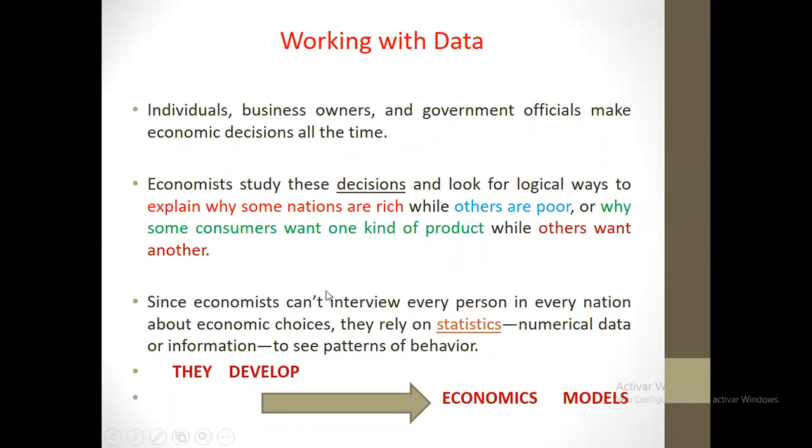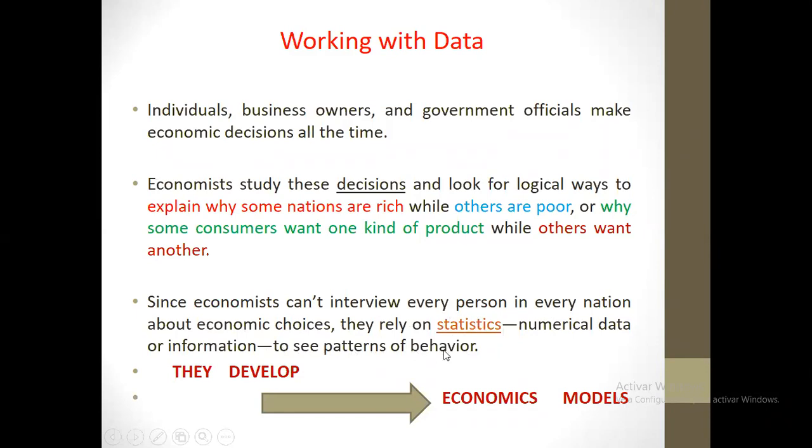Some economists can't interview every person in every nation about economic choices. So they rely on statistics. This is the word, statistics. And what is statistics? Numerical data or information to see patterns of behavior.